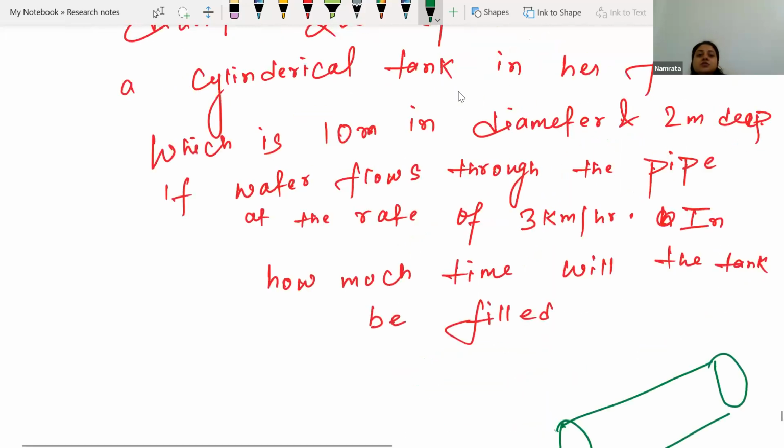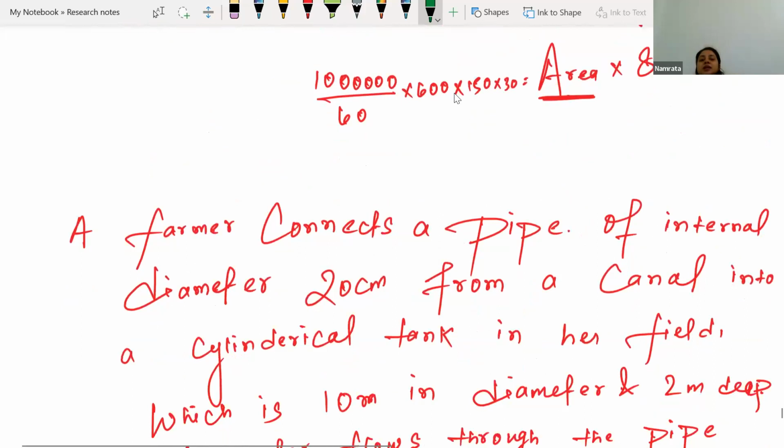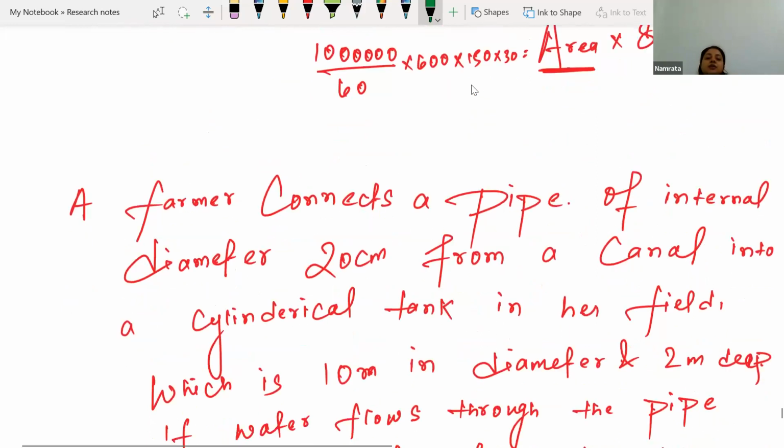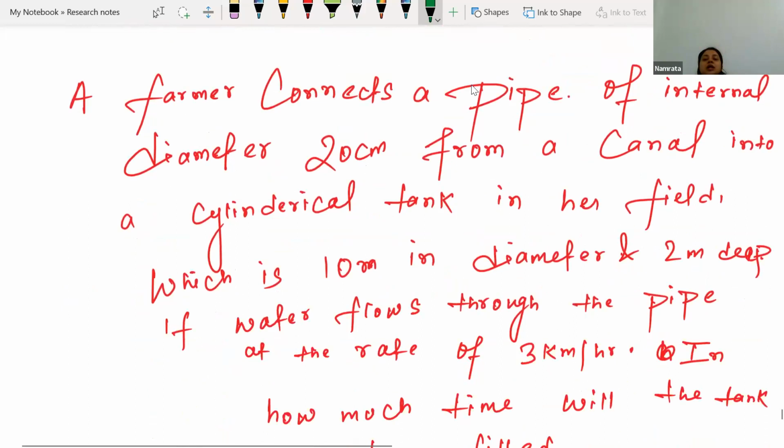This is what the question says. Farmer is connecting a pipe of internal diameter this much. The pipe is connected from the canal into the cylindrical tank in her field, which is 10 meter in diameter and 2 meter deep.